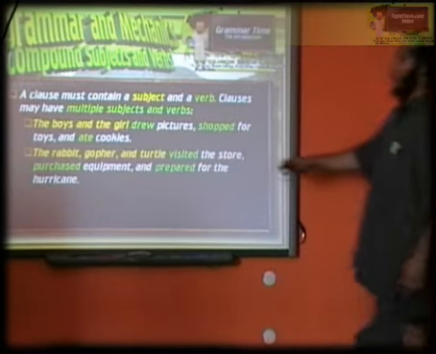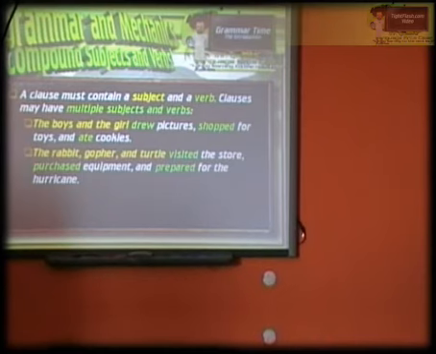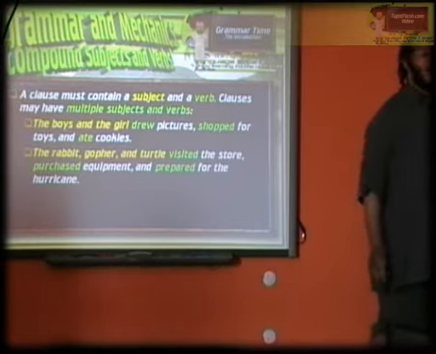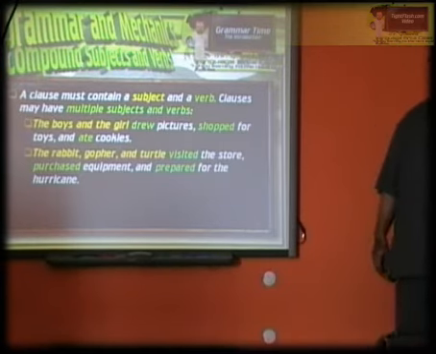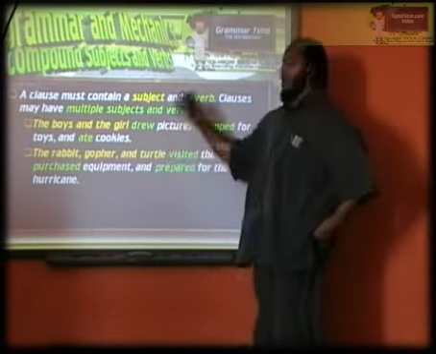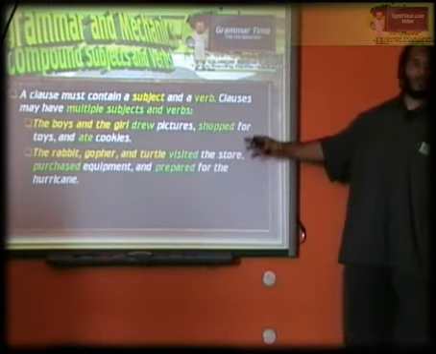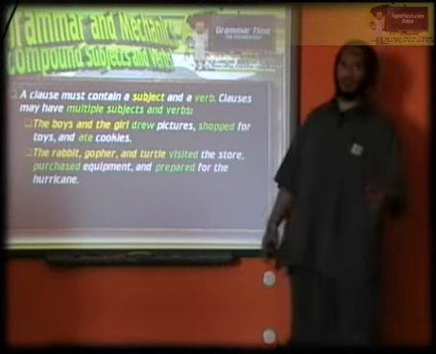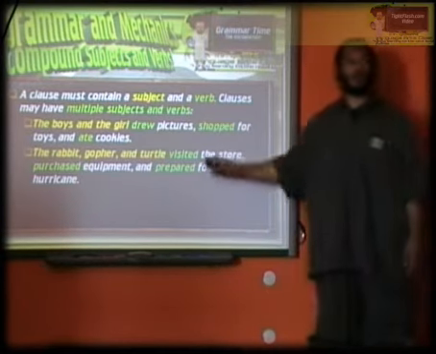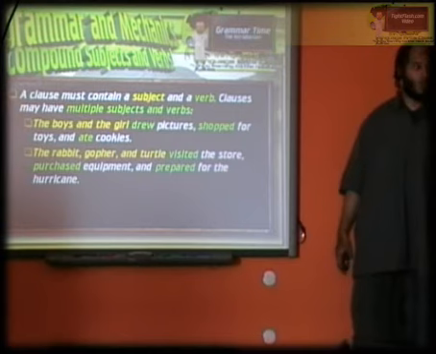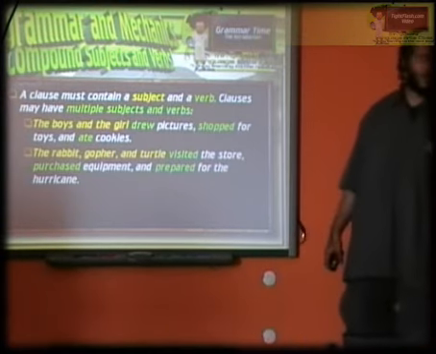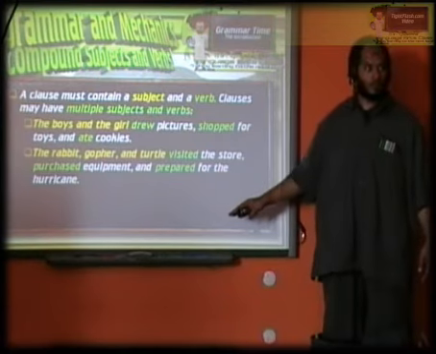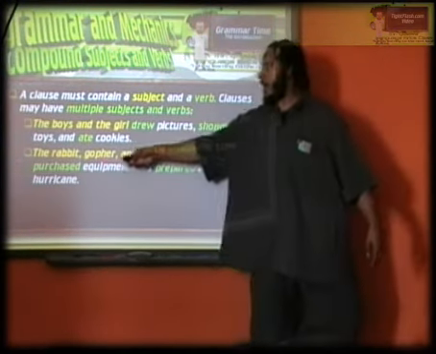The rabbit, gopher, and turtle visited the store, purchased equipment, and prepared for the hurricane. It appears that we have 3 subjects and 3 verbs. Appears. How many clauses do we have here? 1. Yes. Why? Yes. We have a compound subject.